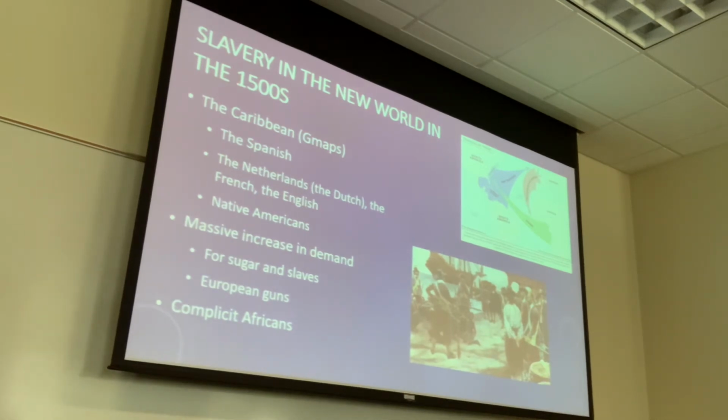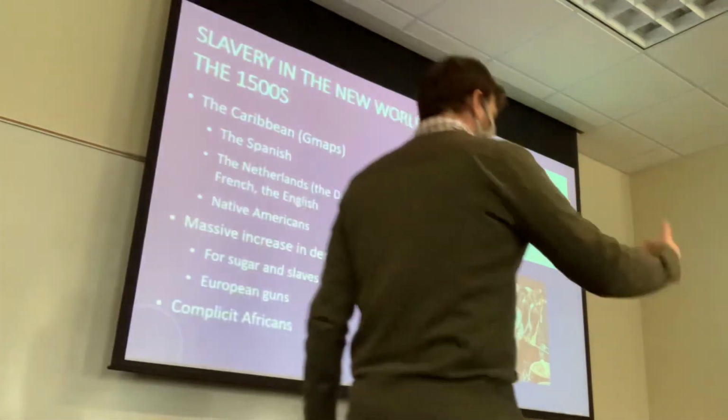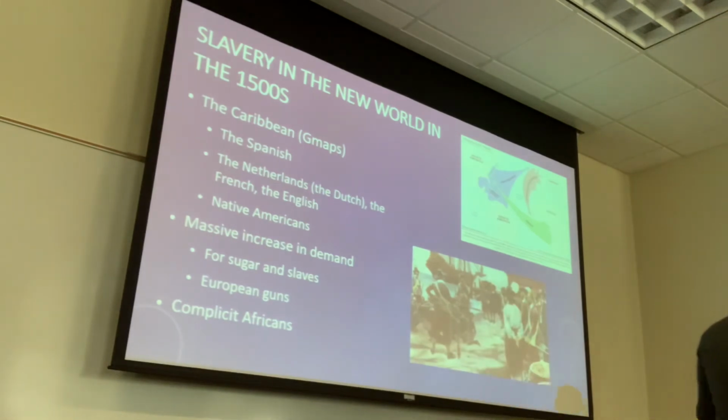I mentioned tobacco in the New World had never existed in the Old World of Africa and Asia and Europe. Well, diseases like smallpox had never existed in the New World or the Americas. What that means is Native Americans had zero what we call acquired immunity. That is, they had zero ability to fight those diseases off.